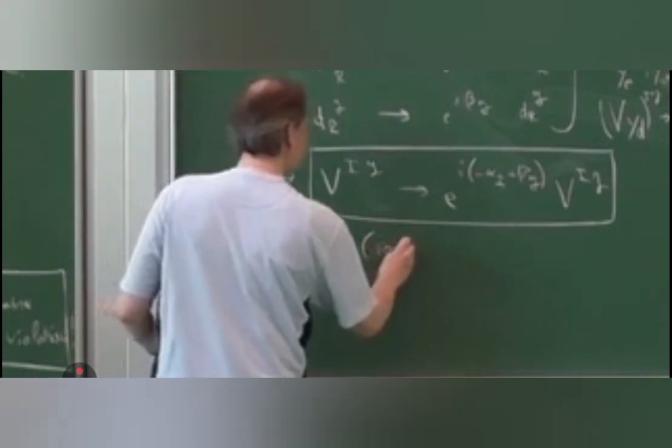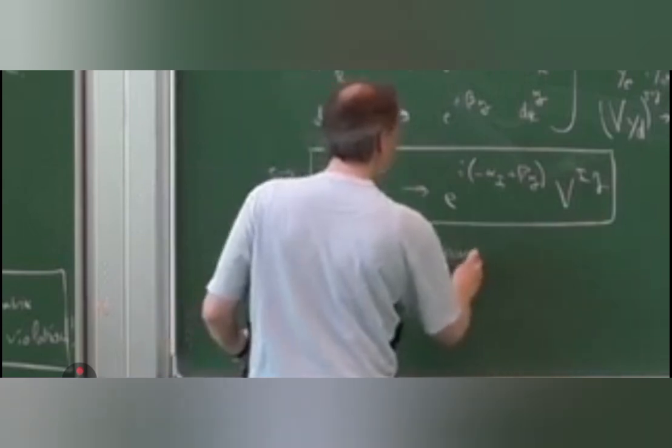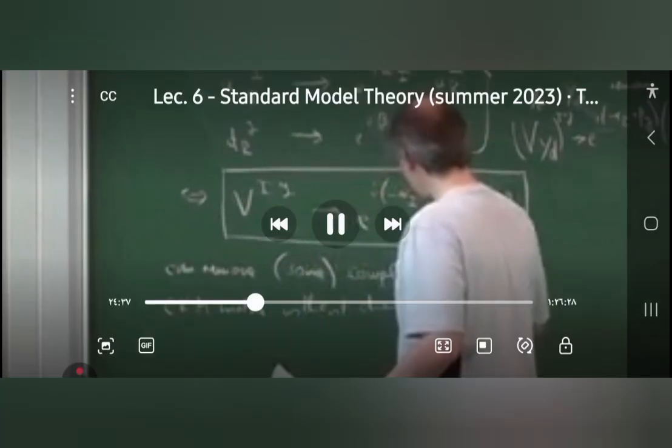So we can remove some complex phases from the CKM matrix without changing physics. So let's do that. And now comes into play the discussion of how many generations are there.